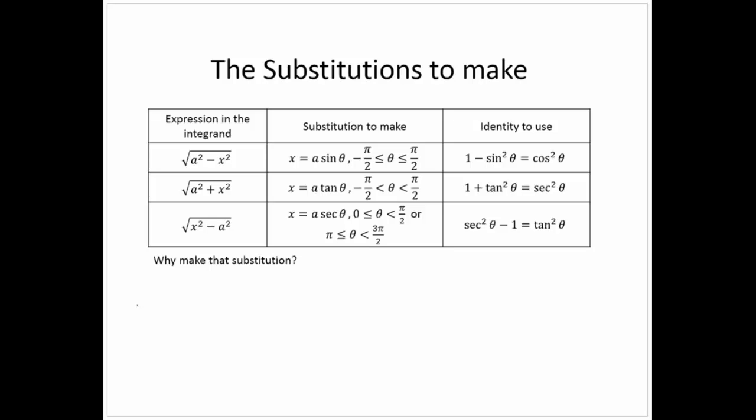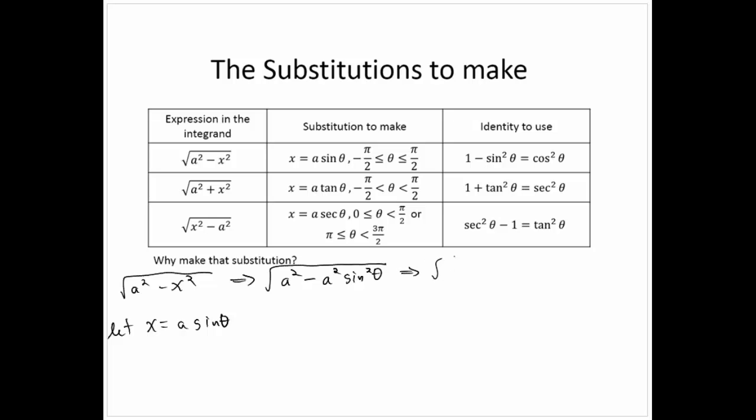Now, to give you an idea of why we might make that substitution, let's consider that first case. So, if we had the square root of a squared minus x squared, and I let x equal a sine theta, then what happens in that radical is I would have the square root of a squared minus, now x squared would become a squared sine squared theta.